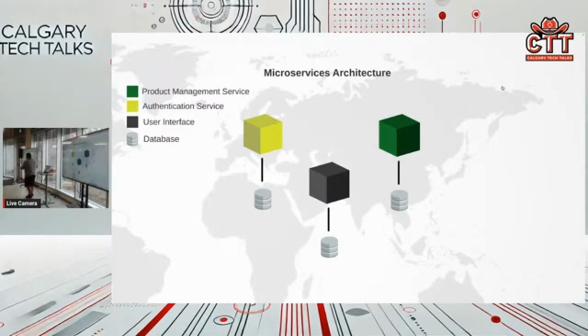Instead of having everything together in one big box, now we have three different services: the product management service, the authentication service, and the user interface. So now we have three different small applications, and in order to have the full feature, they will integrate between them.